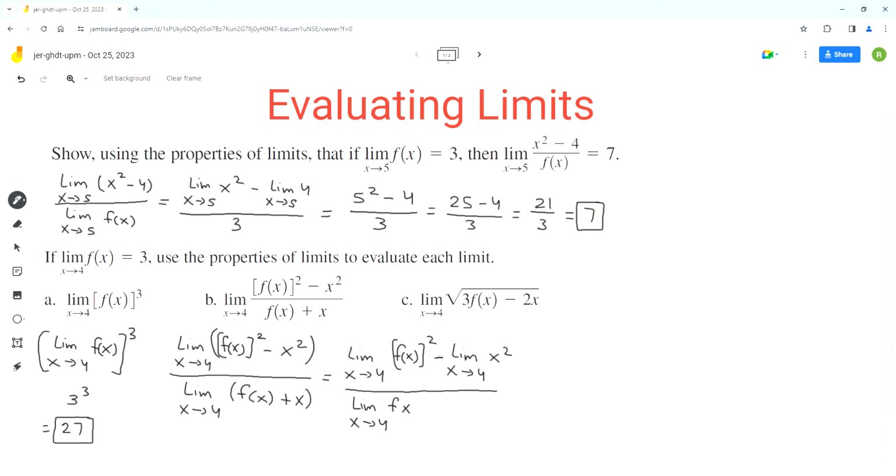So in the denominator, we can use the addition property, and then plus limit x approaches 4 of x.